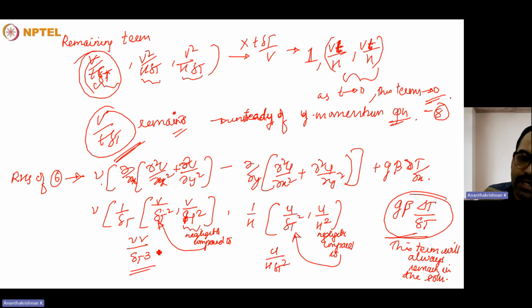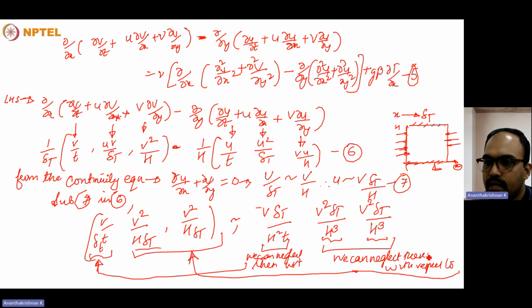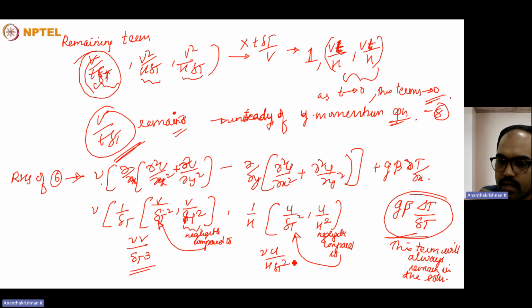And then comes the comparison between these two. This is nu v, and this is also nu v, nu u h divided by delta t squared. So u could be written as nu v delta t divided by h. So that will be v delta t divided by h. Nu v delta t gets cancelled, h squared delta t.